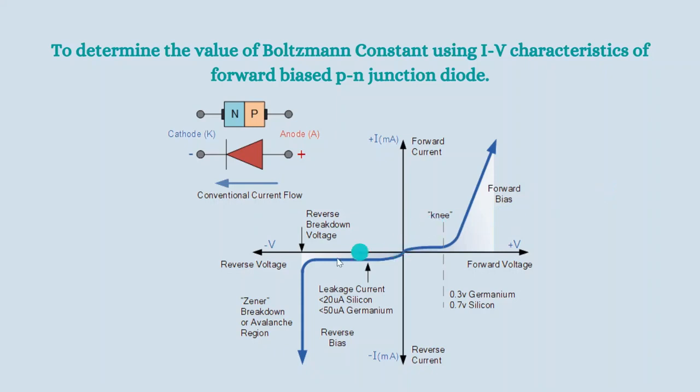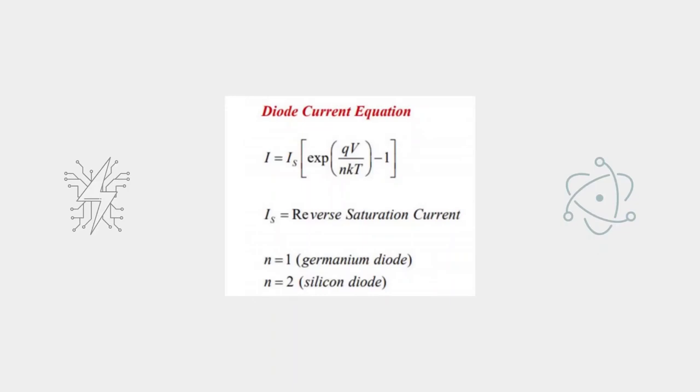We don't have to look at the reverse bias because we need only the forward bias graph for calculating the Boltzmann constant. Let's talk about the diode current equation. You must have studied this diode current equation in your semiconductor paper, where I is equal to Is times exponential of qV upon nkT minus 1, where Is is the reverse saturation current.